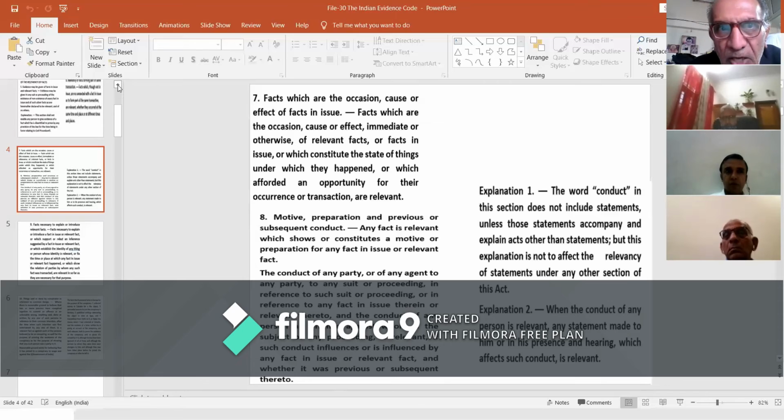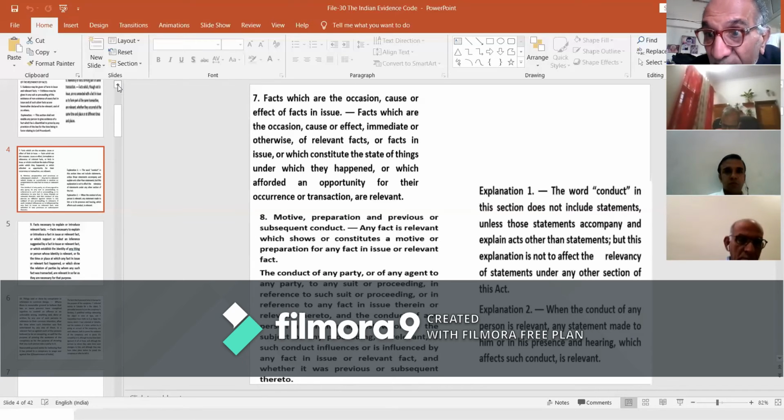Therefore, if we have to bring our case for admissibility of evidence, then the piece of evidence which we want to lead should come either as a fact in issue, meaning as an ingredient of the offense, or it is to be a relevant fact. Now the relevant facts are Section 6, Section 7 onwards.